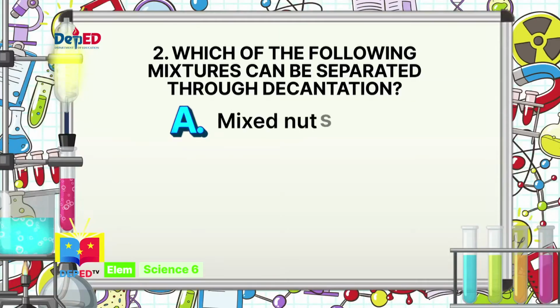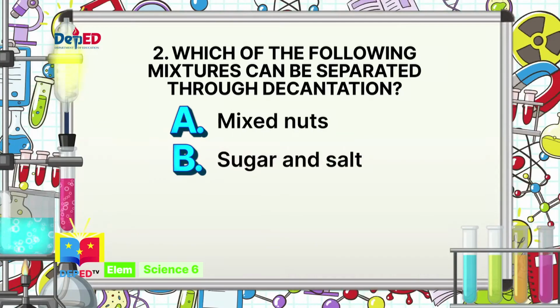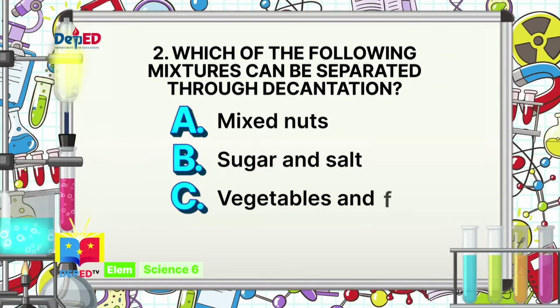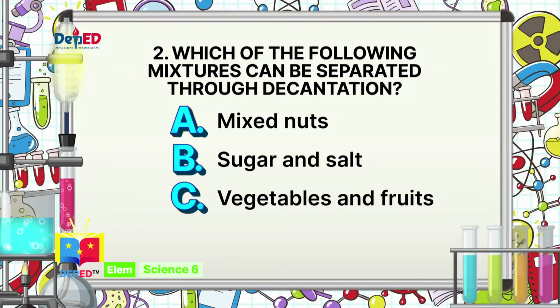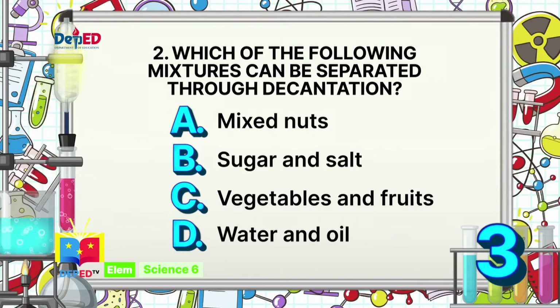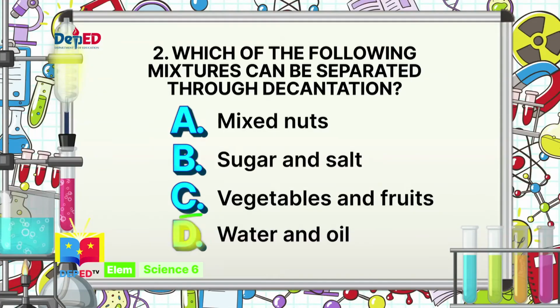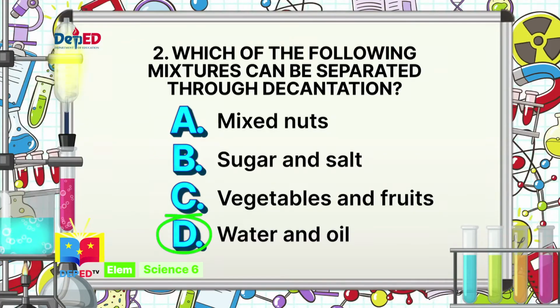A. Mixed nuts. B. Sugar and salt. C. Vegetables and fruits. D. Water and oil. The correct answer is D. Water and oil.